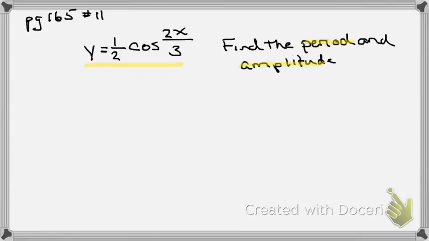Well, the question becomes, where would we find information regarding the amplitude? Amplitude to me, what does that mean? Well, it really means how high a wave goes from that center line. The only reason that would change is if the graph got stretched out this way, so it's like a vertical stretching factor.